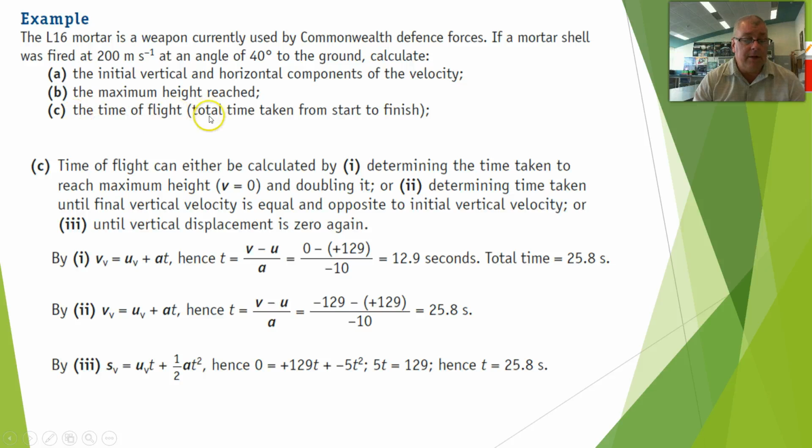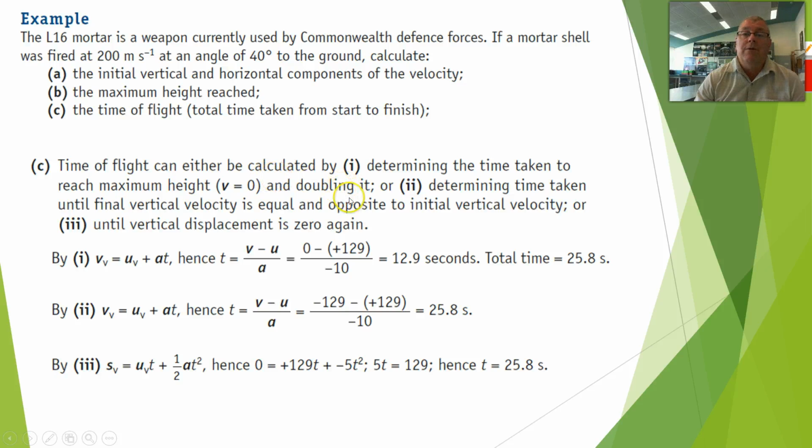And see the time of flight. Time of flight is calculated. Now there's a variety of ways of doing it in this question. You can calculate the time of flight by looking at the time it takes to reach the maximum height and doubling it. That's certainly what I would consider to be the easiest method.